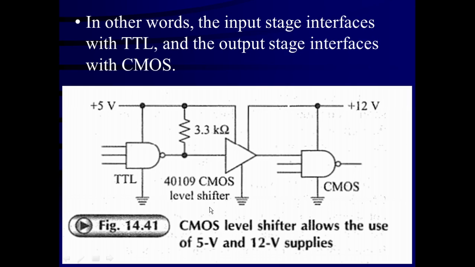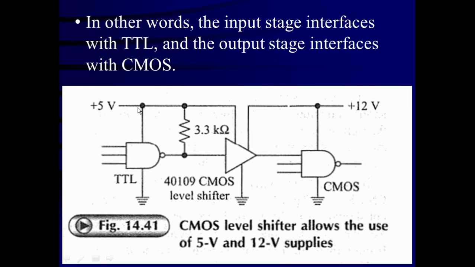You can see this circuit diagram. This is the TTL. It is working with the 5 volt and it is an open collector TTL, remember. So here there is a pull-up resistance of 3.3 kilo ohms. This is the IC 40109, a CMOS IC, which is working as a level shifter.